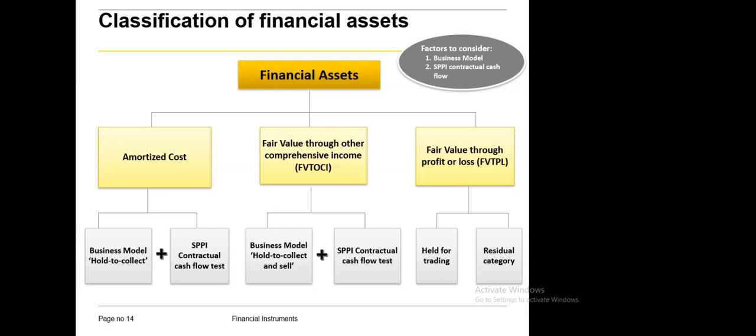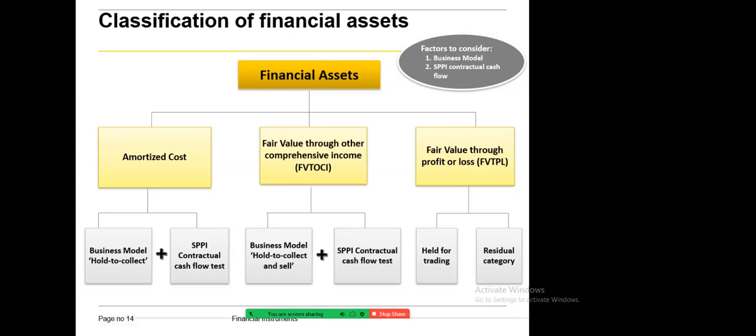So that means there must be some time value of money concept involved in that 100 rupees. So that 100 rupees fulfills the criteria. What does it say? That we have a business model that we will hold that financial asset and we will collect the maturity amount, and that maturity amount is a combination of our principal and interest.